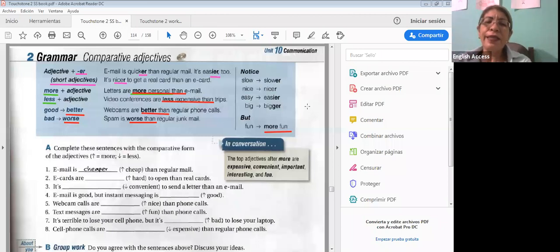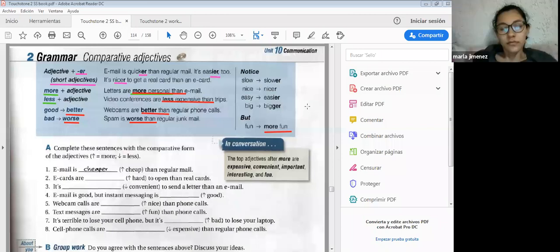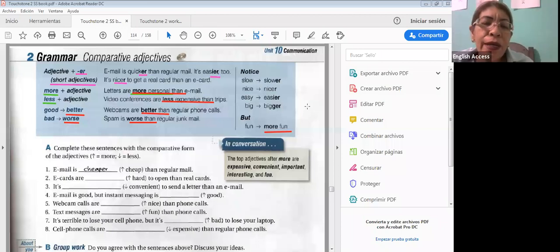It says complete the sentences with the comparative form of the adjectives. The arrow up means more and the arrow down means less. For example, number 1, email is cheaper than regular mail. So let's complete these sentences, please, using the adjectives in parentheses. Exercise A.